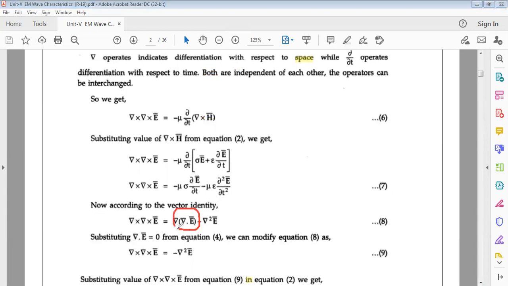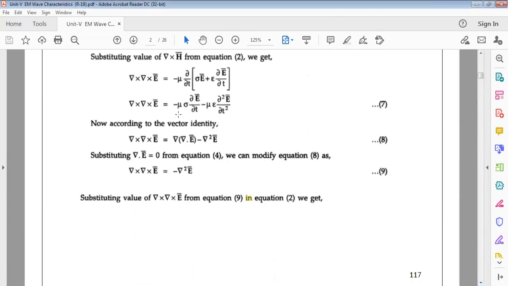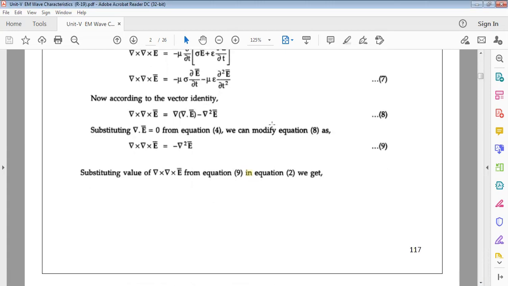The first term is 0, which means del cross del cross E bar is equal to minus del square E bar. Minus del square E bar is equal to, again, minus mu sigma dou E bar by dou T minus mu into epsilon dou square E bar by dou T square.